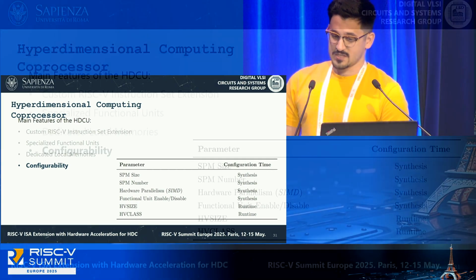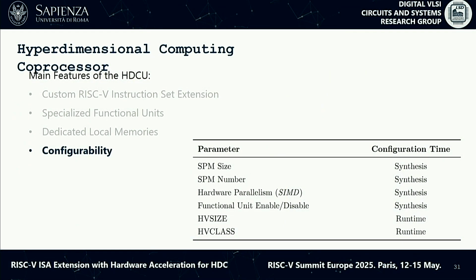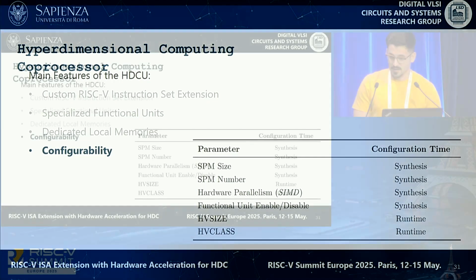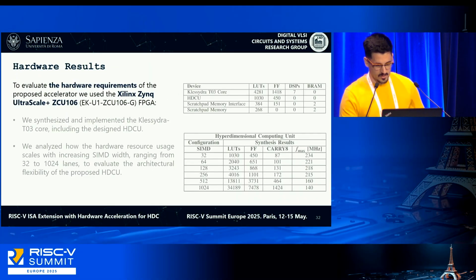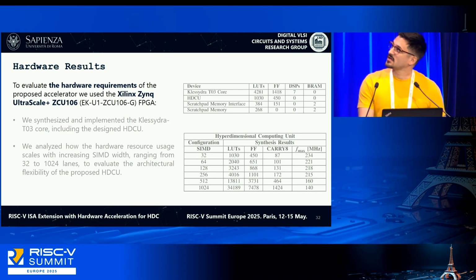This dual flexibility, hardware and software, clearly distinguishes our design from application-specific accelerators found in the literature, and it enables a versatile and efficient architecture adaptable to a wide range of learning tasks. So let's see some hardware results.